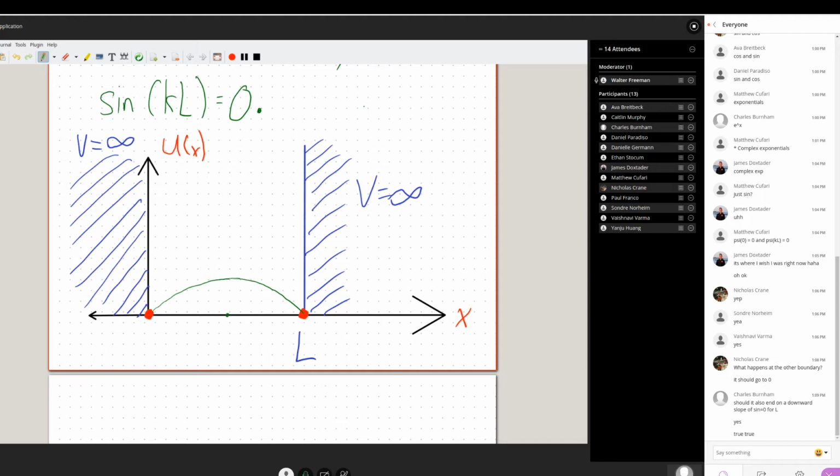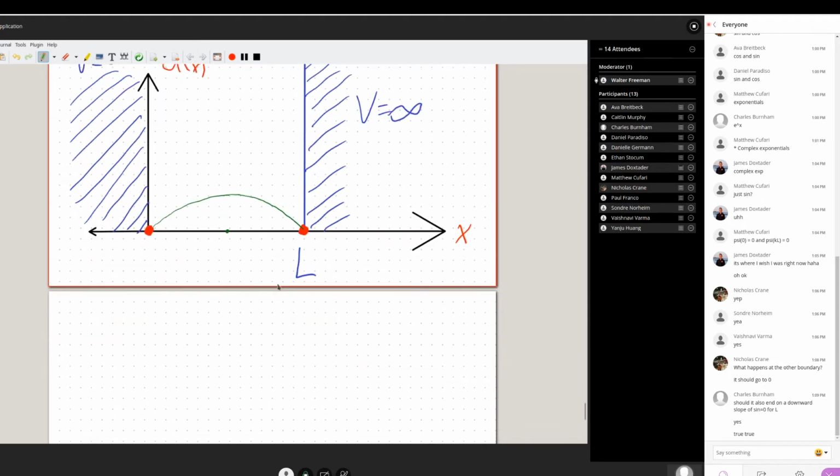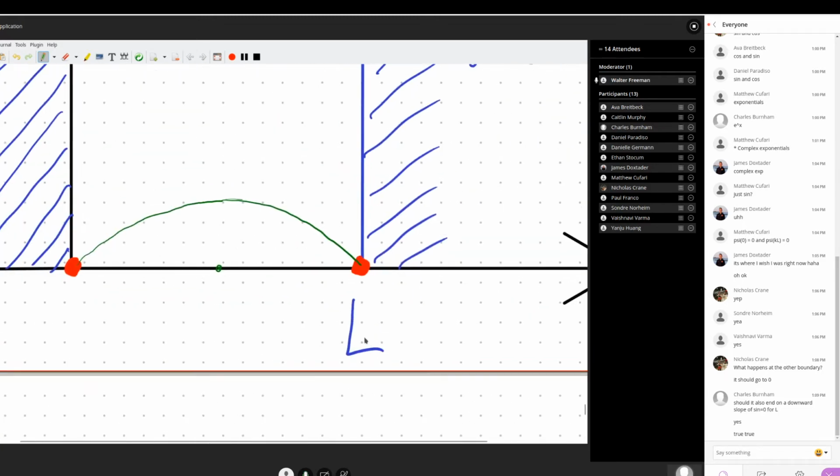So the other solutions are sine waves that also obey those same constraints, right? I have to draw sine waves that also go to 0 on both ends.